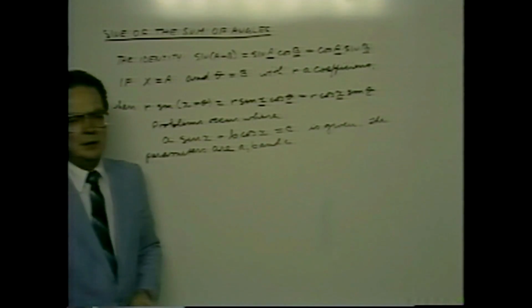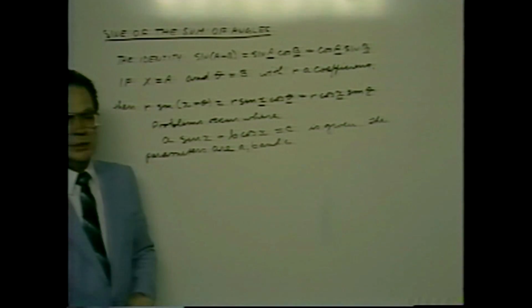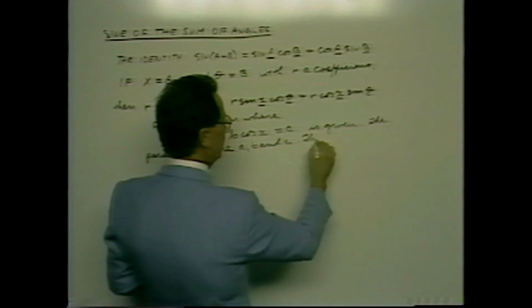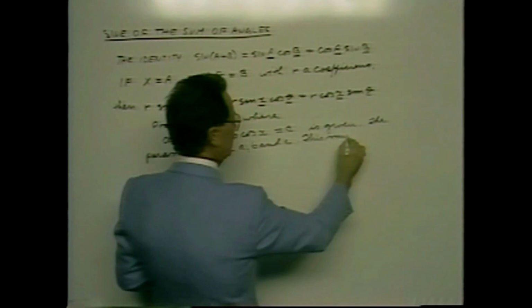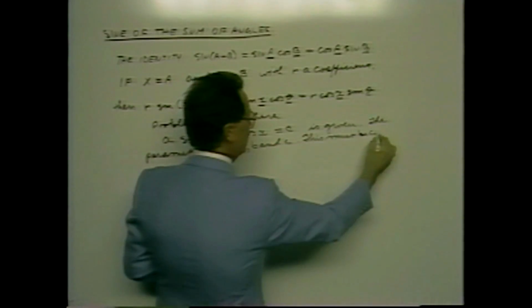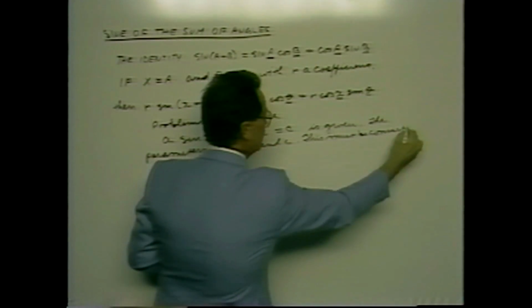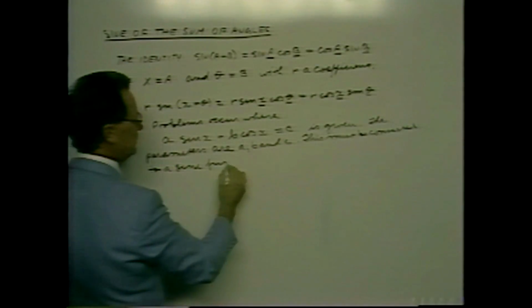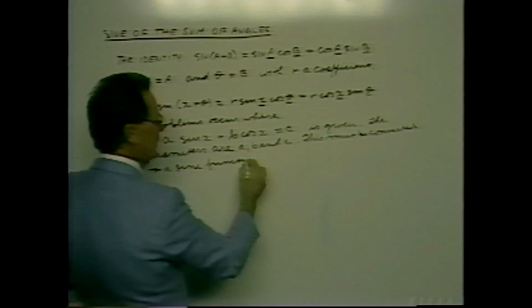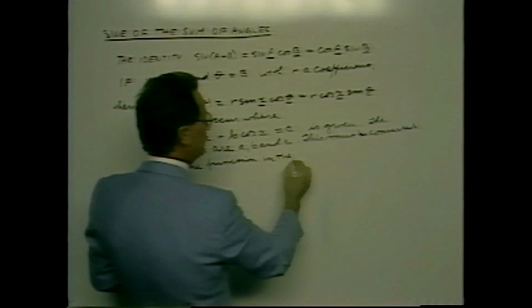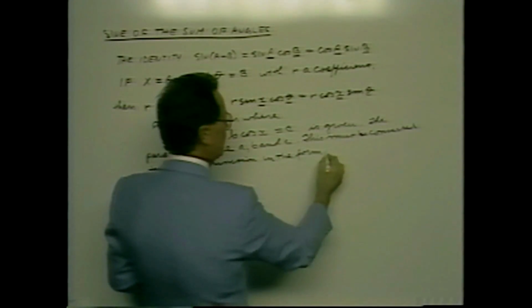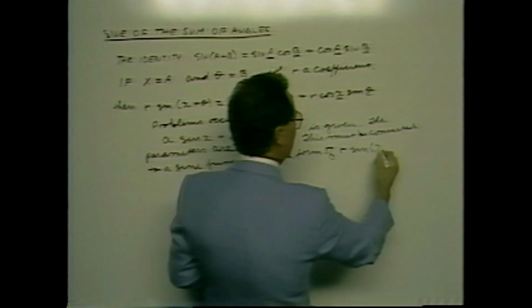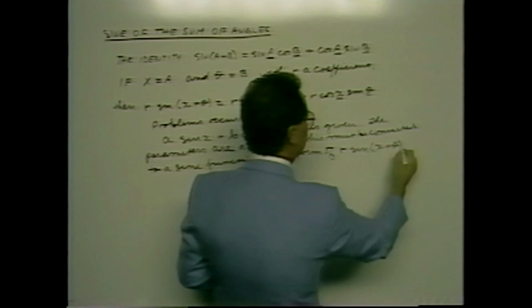It is required that it be converted to an equation of the form r sine x plus theta, a sine function in the form of r sine x plus theta.